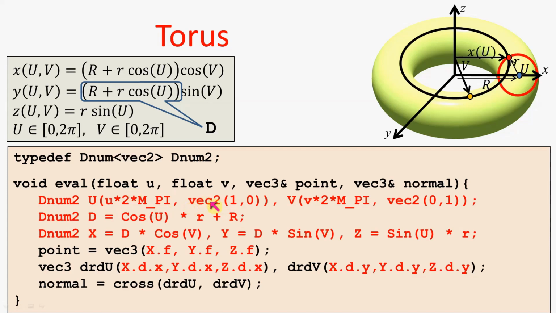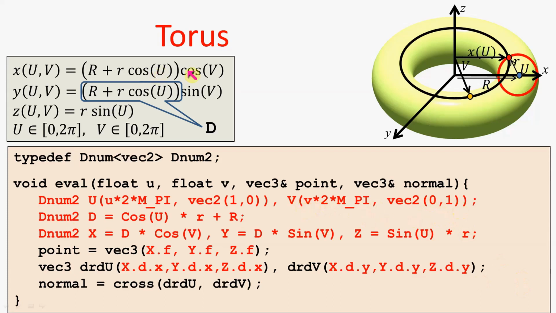And the derivative of U with respect to the second derivation variable, which is v, is 0. Similarly, the second parameter is also a dual number. Its value is v times 2 pi, and concerning the derivative values, the derivative of V with respect to the first derivation variable, that is with respect to u, is 0, and the derivative of V with respect to v is 1.